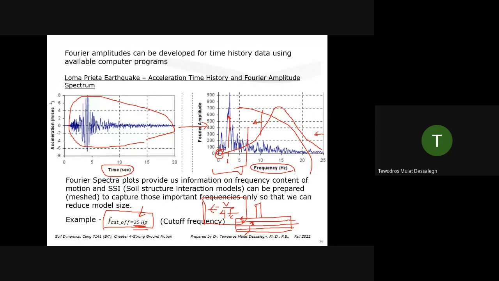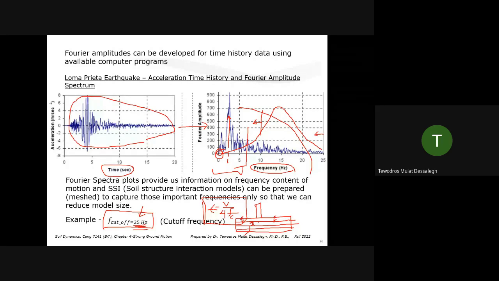But the larger cutoff frequency you go, let's say if you put 25 here, the thickness is going to be much smaller, really fine. And if you have so many finite elements, so many mesh sizes like this, and this is vertical, the same is true. You can keep aspect ratio of 1. You can do the same horizontally in the plan dimension.